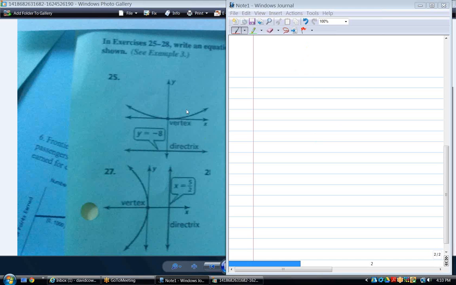What is the general equation of a vertical parabola like this? Would it be... I don't remember.